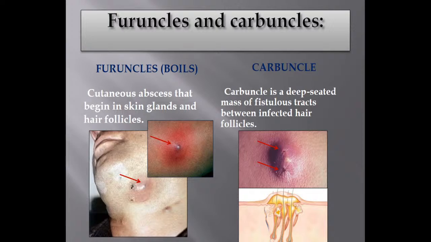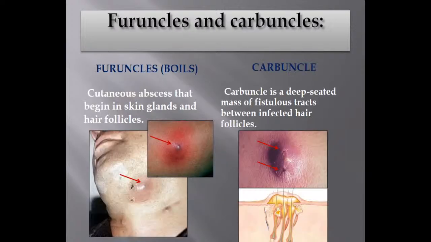Inside of it you can see pus and a hair follicle. And carbuncle, it's a few infected follicles which lie together with pus between them. And the scheme shows you.